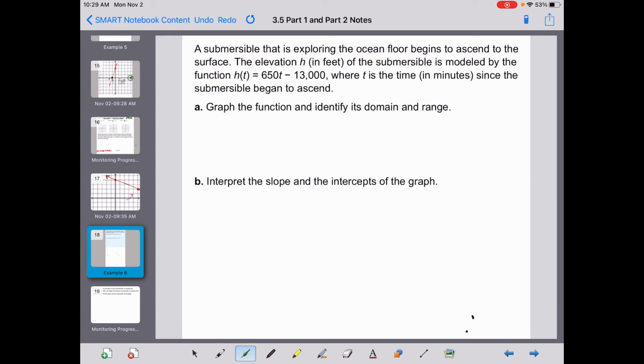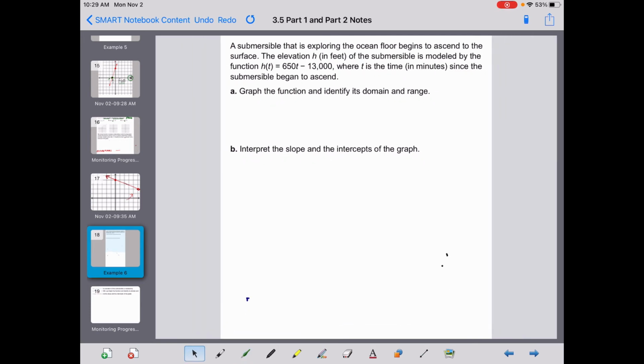So I'm just going to make a little bit of space here, and I'm going to do part A by setting up my table and graphing my x and y intercepts. Remember, y-intercept is when you plug in 0 for x, and x-intercept is plugging 0 in for y.